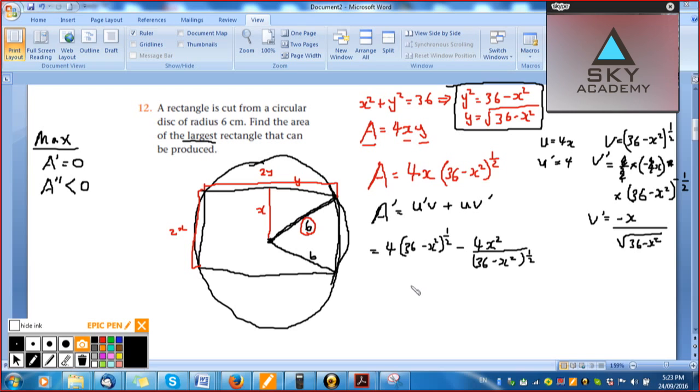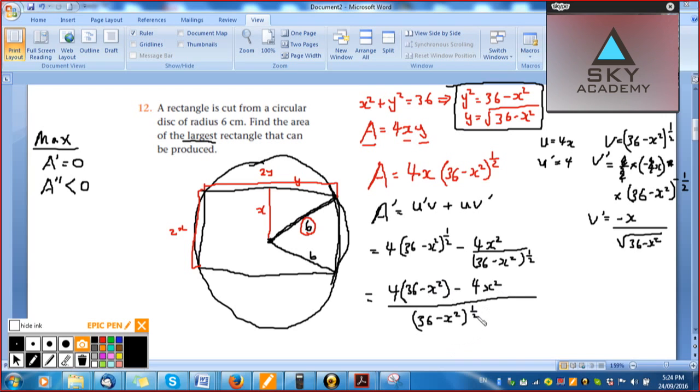Got it? Which, when we put everything over 36 minus x squared to the power of a half, is going to be equal to 4 times 36 minus x squared, minus 4x squared.